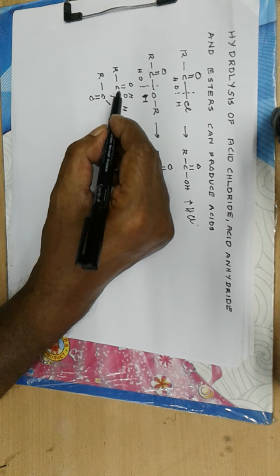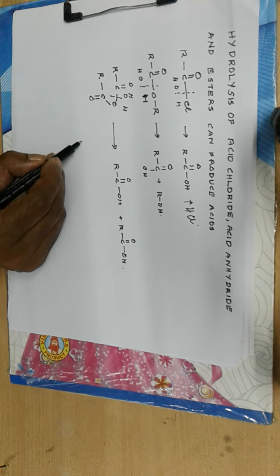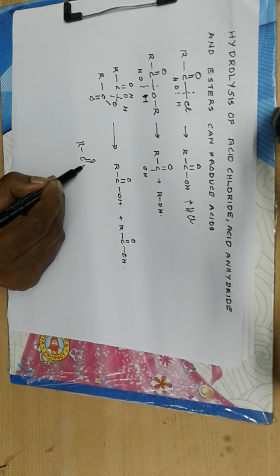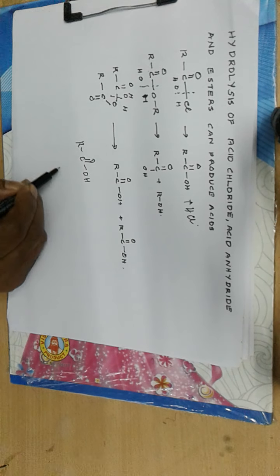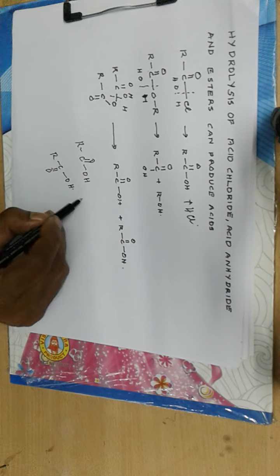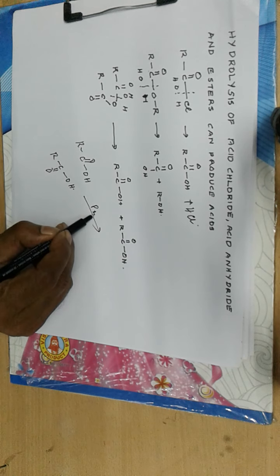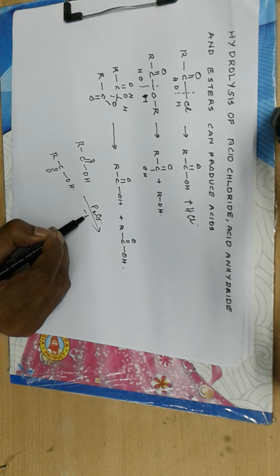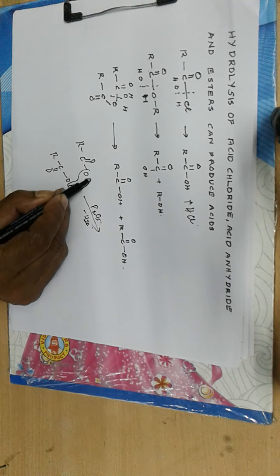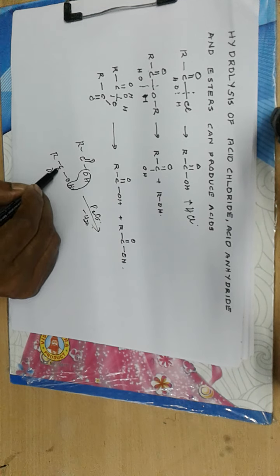Now acid anhydride is obtained by the reaction between two acid molecules, RCOOH, of the same kind, of course, or we can have mixed anhydrides, in presence of phosphorus pentoxide, which is a dehydrating agent. An OH and H combine and we get RCOOCOR.